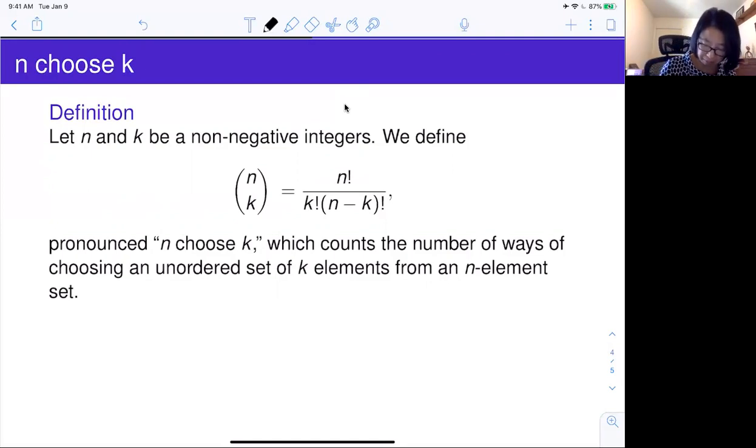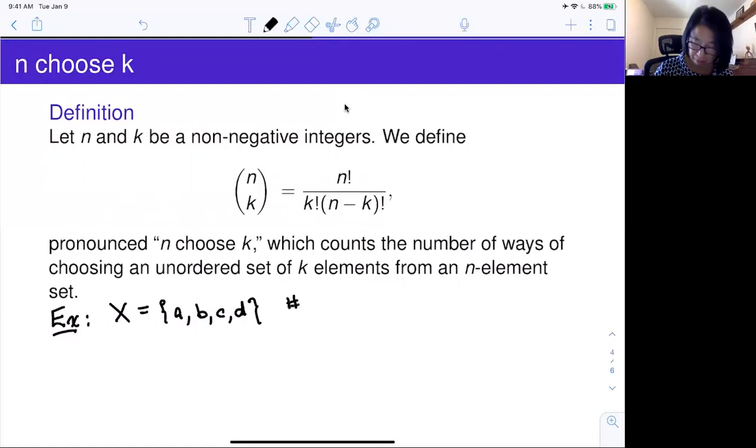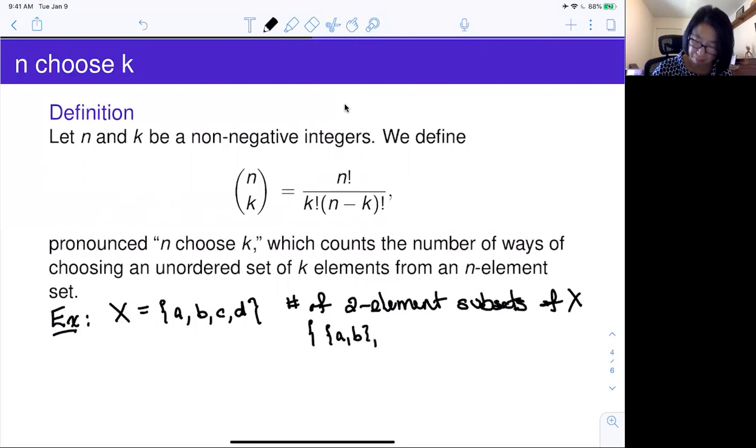So for example, here's another small example. Suppose that X is the set A, B, C, and D, and I want to look at the number of 2-element subsets of X. The set of all 2-element subsets of X is AB, AC, AD.